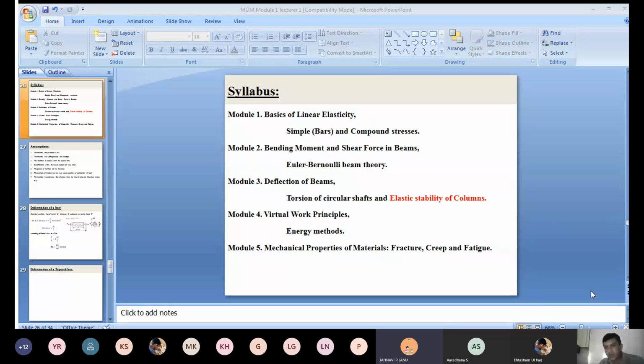Manoj K is not there. Mallana Gowda. Yes, sir. Now give me some examples for trusses, ma'am.